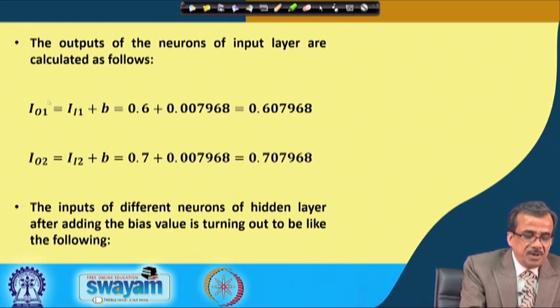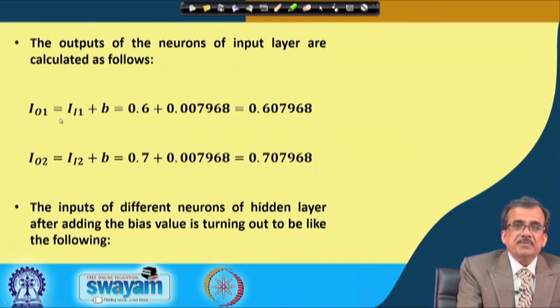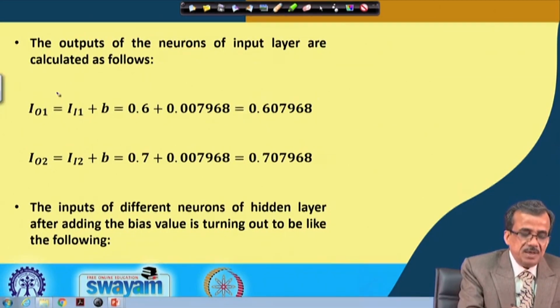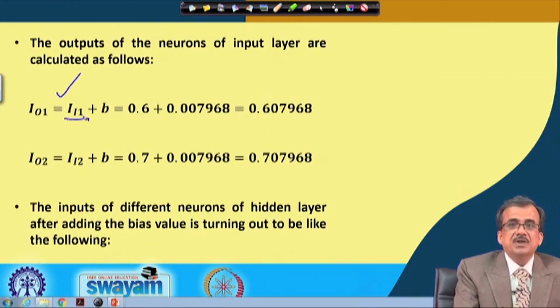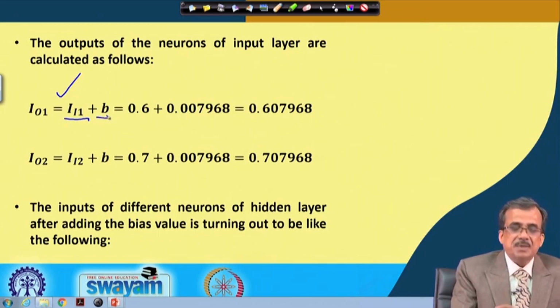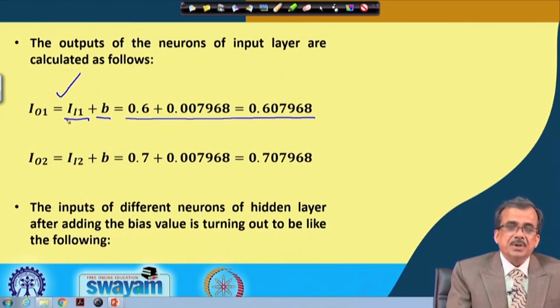It is very simple. So, this I01 is nothing but the output of the first neuron lying on the input layer, which is the input of the first neuron lying on the input layer, I1, plus B, the bias value, and if we substitute the numerical values, you will be getting this I01.